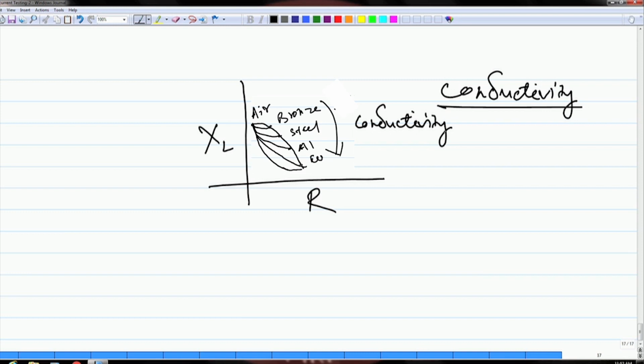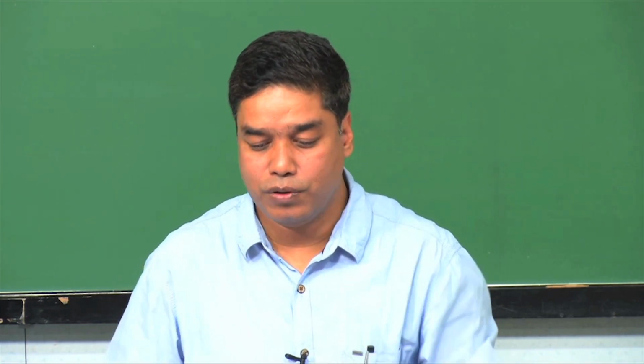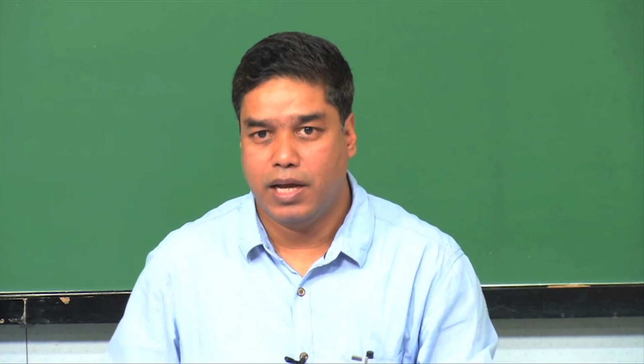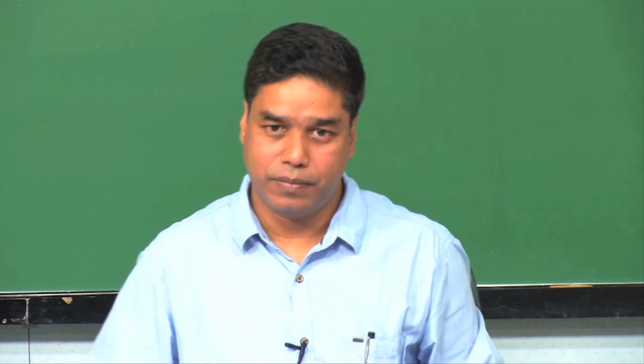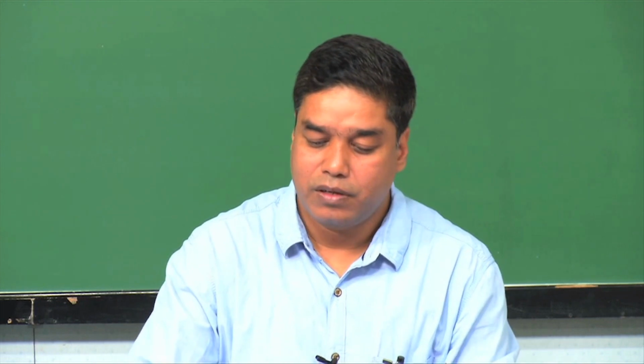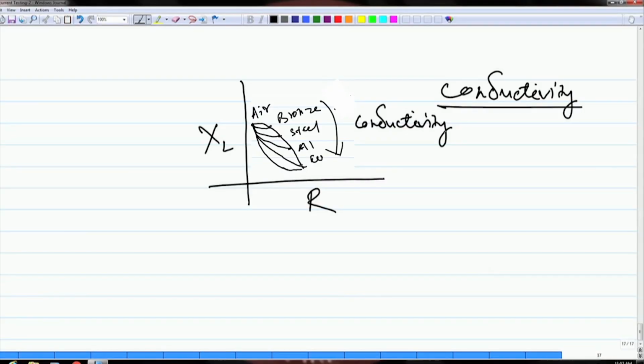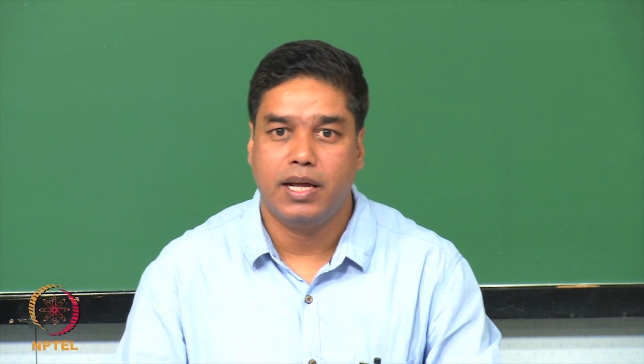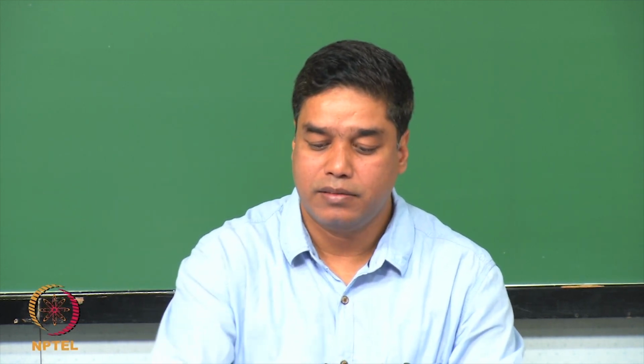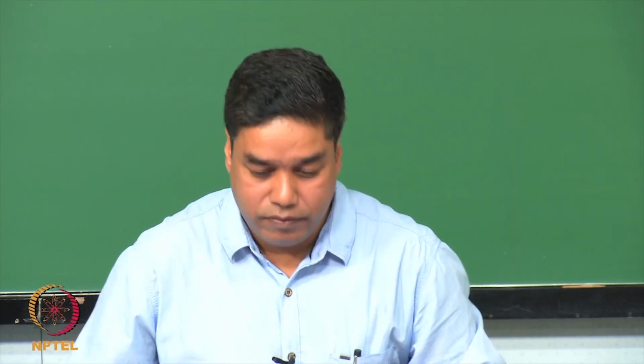So, this gives you a total picture in terms of both the impedance as well as the conductivity of the sample. Okay. So, please keep that in mind, because if you have a highly conductive sample like copper, the coil will become almost like purely resistive, because the change in the resistance of the coil will be very high. And similarly, if you have a lower conductivity sample, the change will be lower. Okay. So, this is the effect of conductivity, and that is how you get a conductivity curve over the lift off curve.